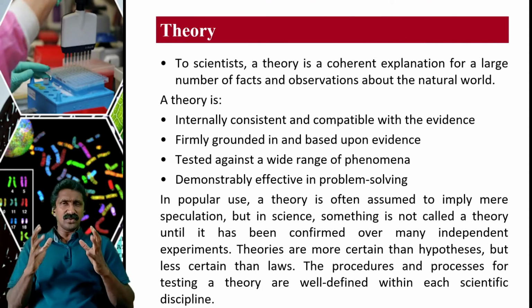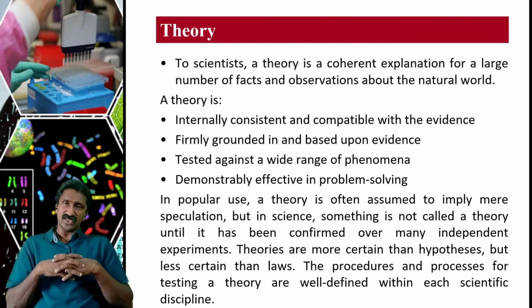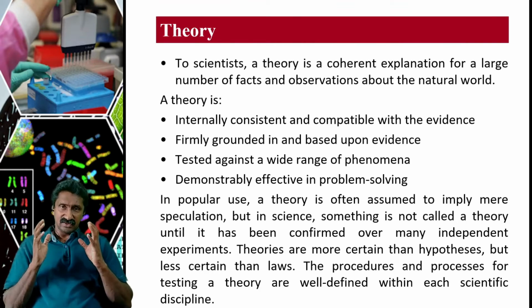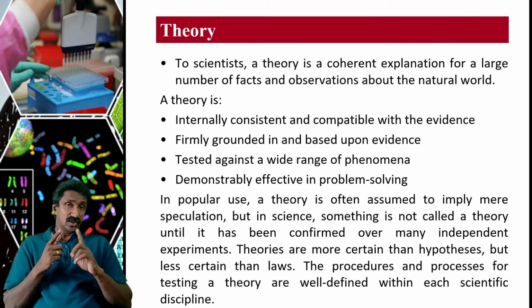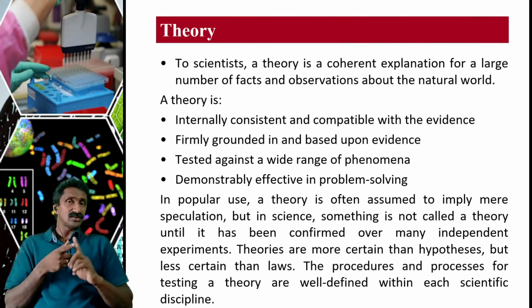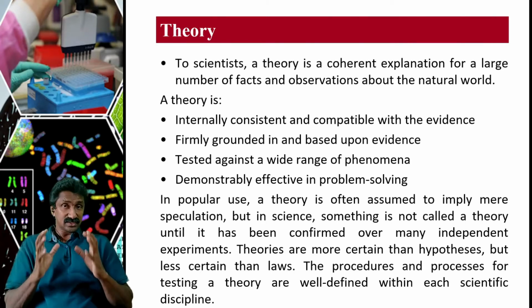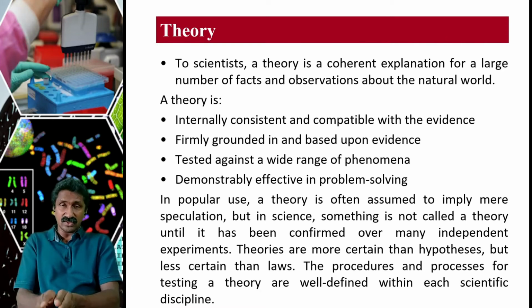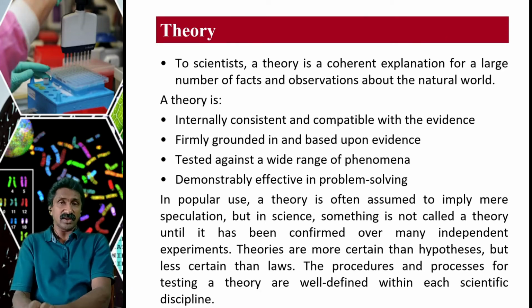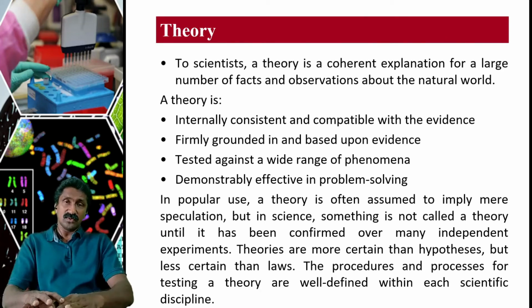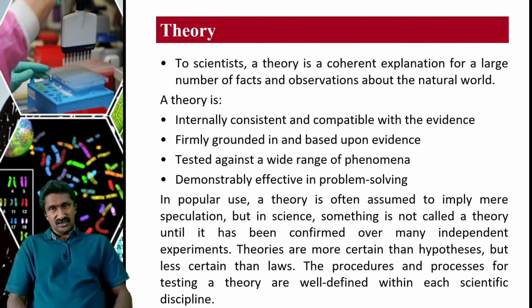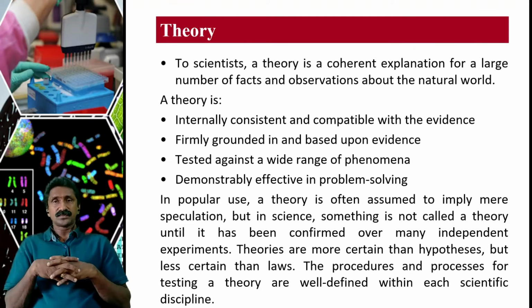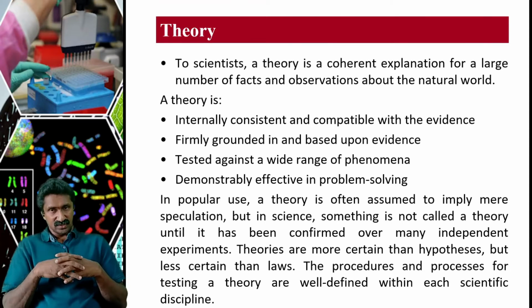So these are various features that are required for the theory. It should be consistent and compatible with the evidence, and also firmly grounded on the evidence, then tested against a wide range of phenomena, not only on a single very limited condition or parameter, but it should have a broader scope, and also it should be demonstrably effective in solving the problem and explaining things. Only then is this theory accepted as a satisfactory one.